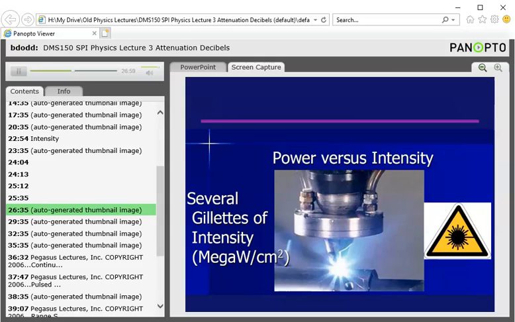Now let's go back a couple more steps and talk just briefly about what power is. We really have to know what we're really talking about with power. There's a knob on our ultrasound machines that says power, right?